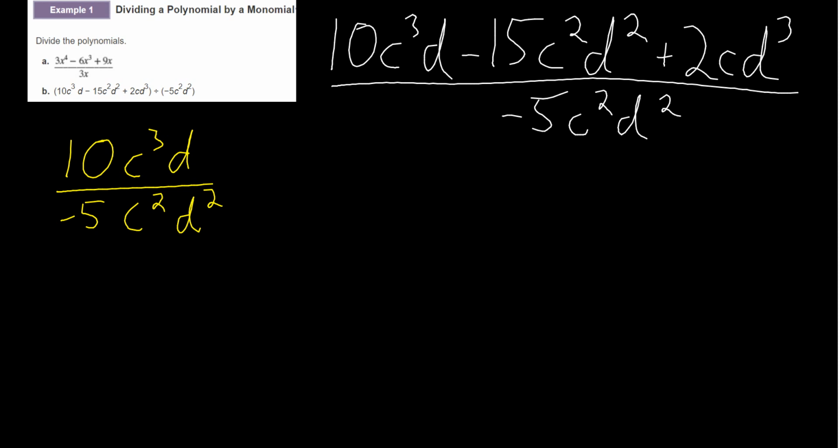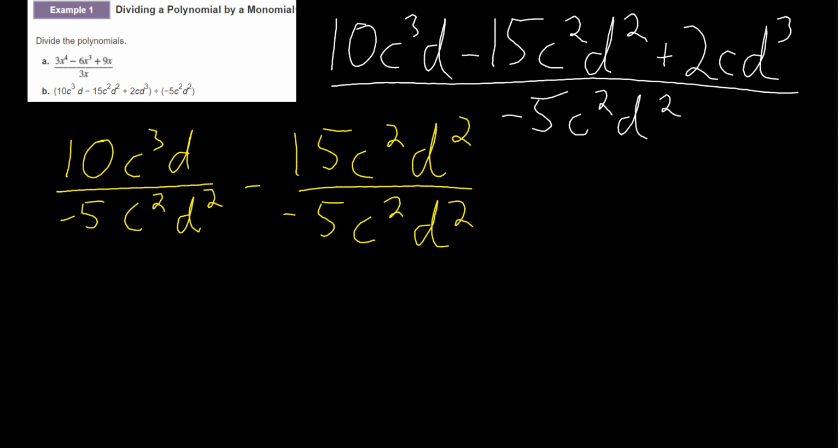Next we're going to do minus 15c squared d squared all over, and my screen's bouncy, hang on a second, negative 5c squared d squared, and then plus 2cd cubed, all over negative 5c squared d squared.